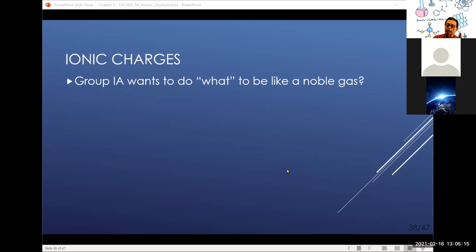It just needs one more to fulfill the octet rule. Therefore, it would rather pick up 1 electron than lose the 7 in the valence shell from an energy perspective. By picking up the 1 electron, it now has 8 electrons around the outermost shell. Now it has 9 protons and 10 electrons, giving you a negative net overall charge.